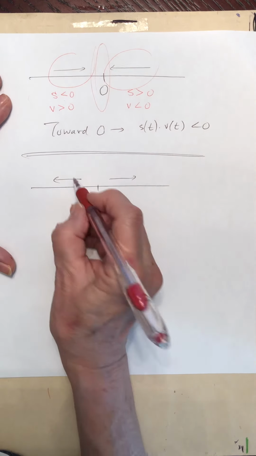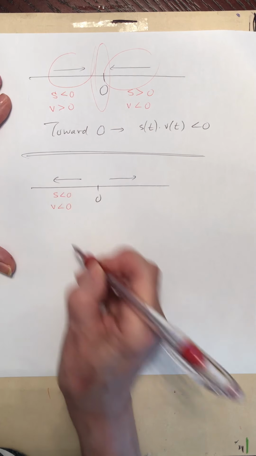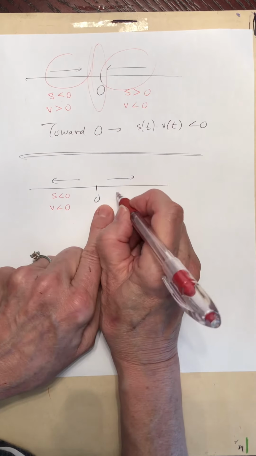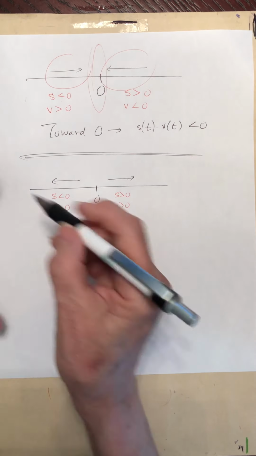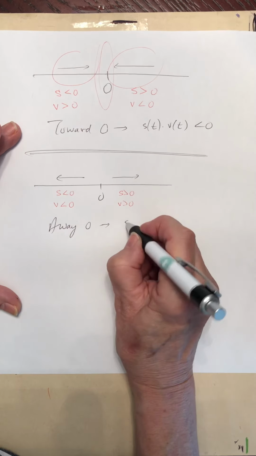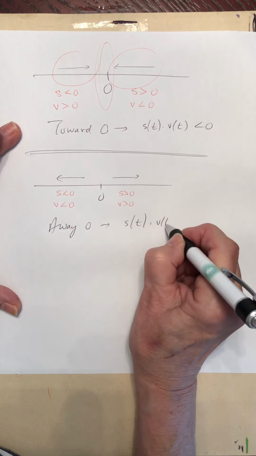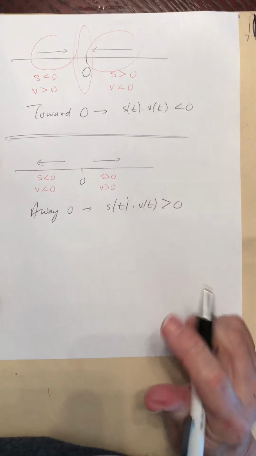To be moving away, this scenario, my position was negative and my velocity was negative. Here, moving away, my position was positive and my velocity was positive. So to be moving away from 0, now they have the same signs. So here their product is positive, here their product is negative.